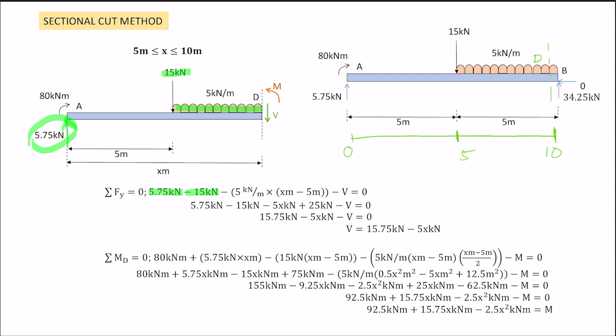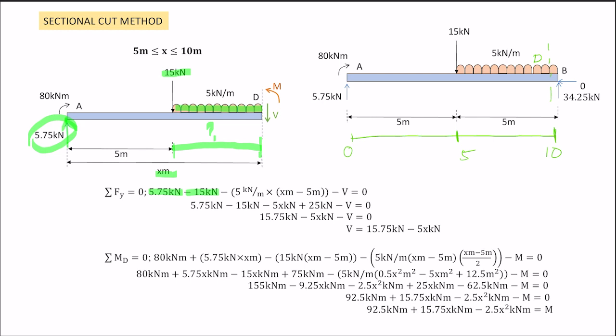So the problem that we're going to find here, it is not multiplied by 5 meter anymore, because it is not 5 meter. We have cut it, it becomes X meter for this distance. Therefore, how long is it here? It is X meter minus 5 meter.